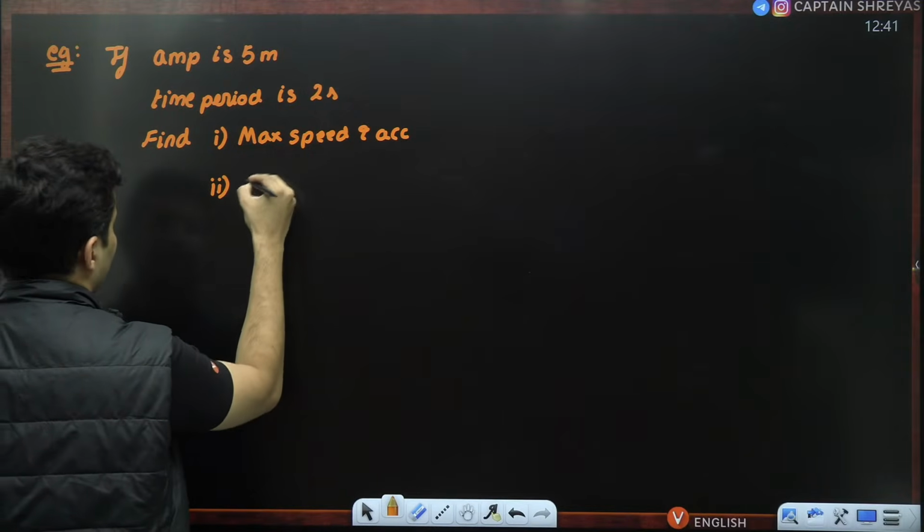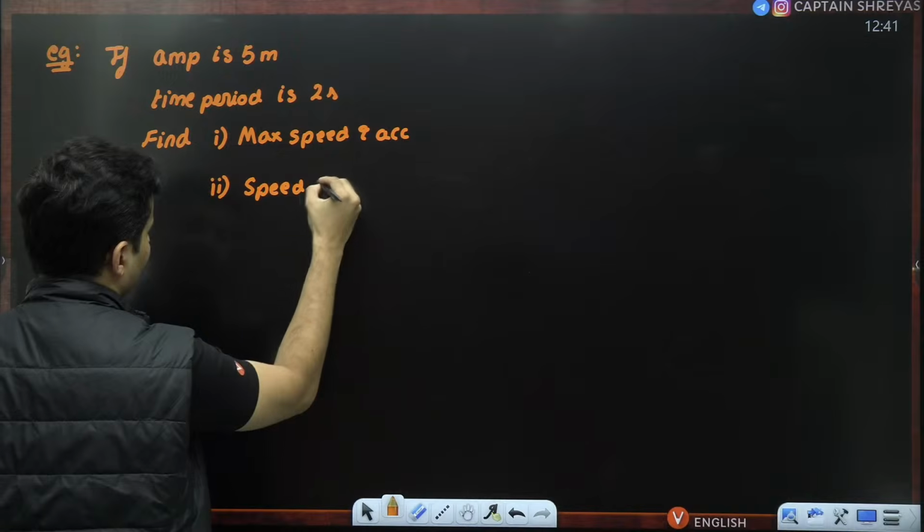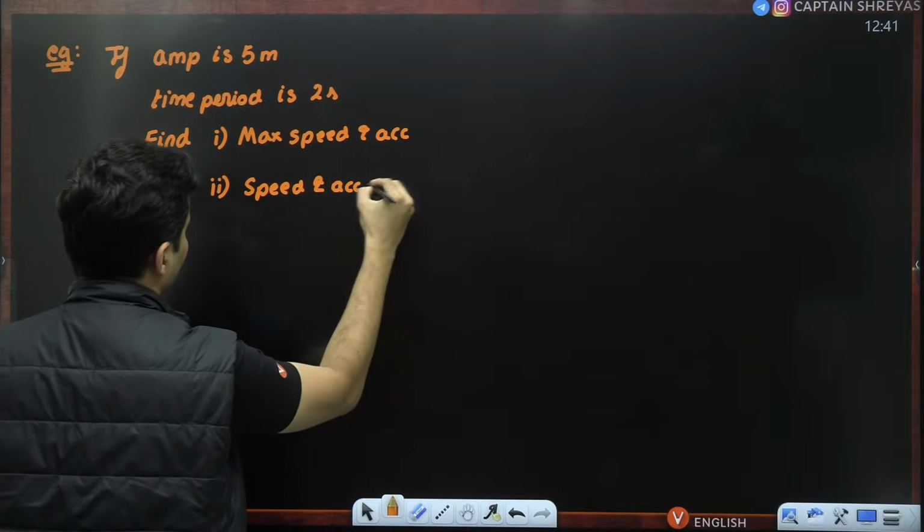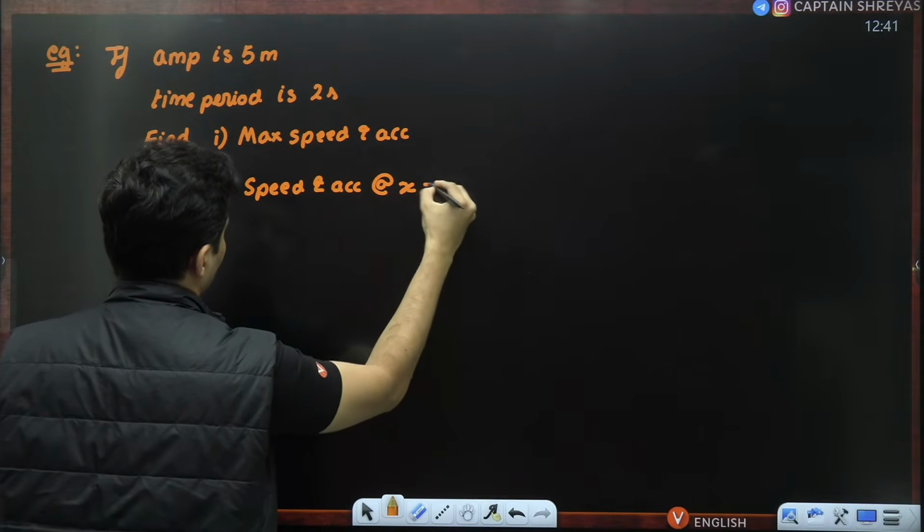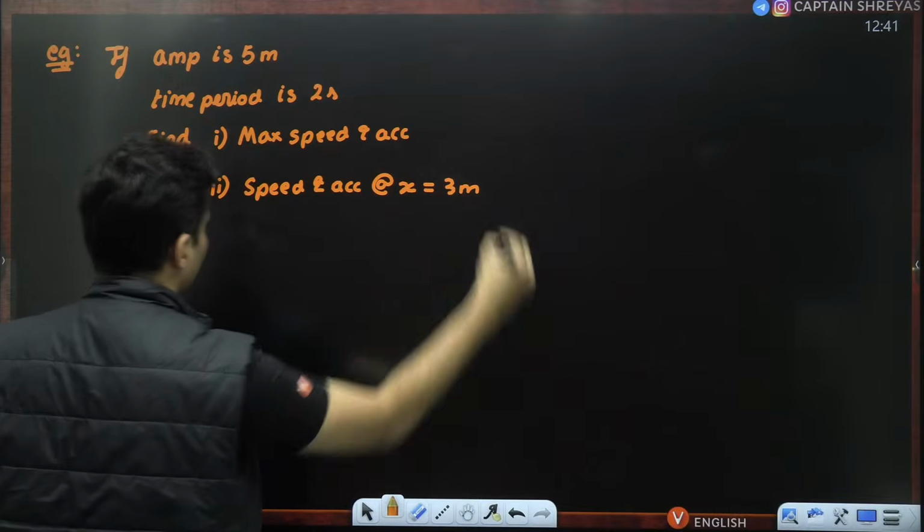Number 2, the speed and acceleration at x equals to 3 meters.